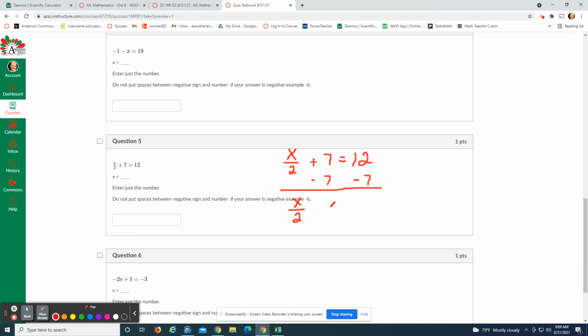The 7's cancel. The equal sign drops down. 12 minus 7 is 5. How do I undo the 2? I don't divide. Multiply. The 2's cancel. The x drops down. 5 times 2 is 10. Right here, you put the number 10.